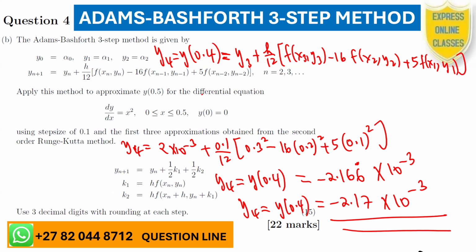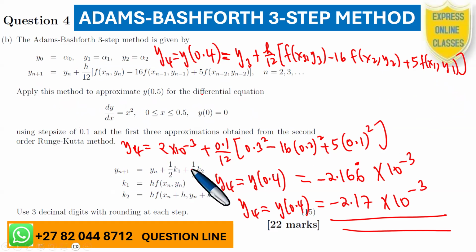Okay, we continue with our analysis, and once again, according to the Adams-Bashforth, y sub n plus 1 is y sub n, etc. But now if you want to get y4, which means that n is 3, it's going to be y3, h of 12, and this is going to be 3, and this is going to be 2, because it's 3 minus 1, which is 2, and then this one is going to be 3 minus 2, which is 1.